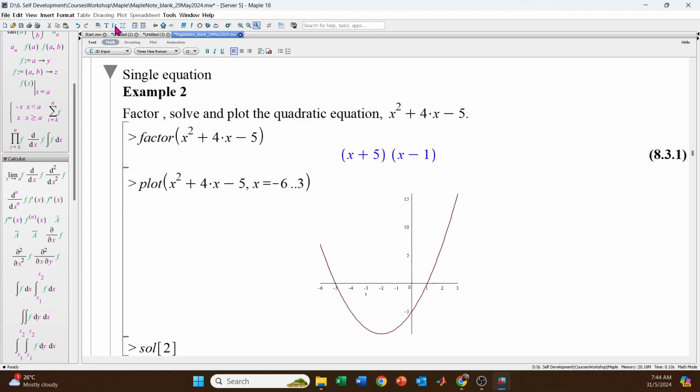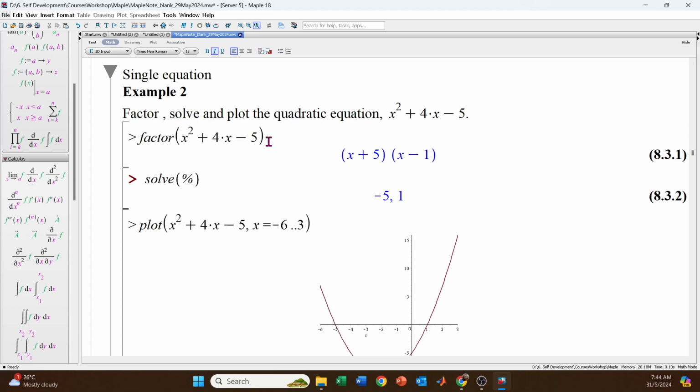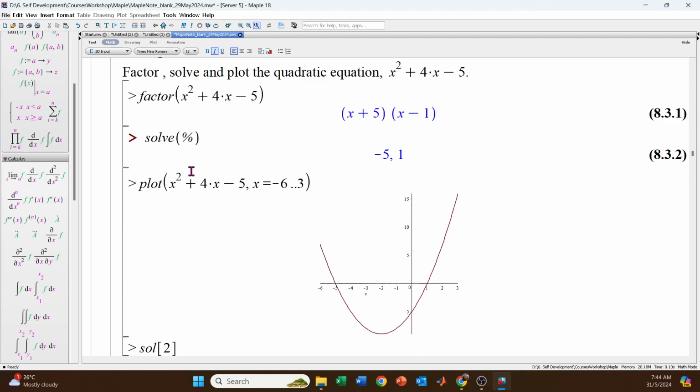And actually in Maple you can type down and you can go up. Let's say I go back. I can solve percent. Percent is the latest output. Just now I went down, so this is the output. That's why I need to go up here and then solve percent. This is plot.